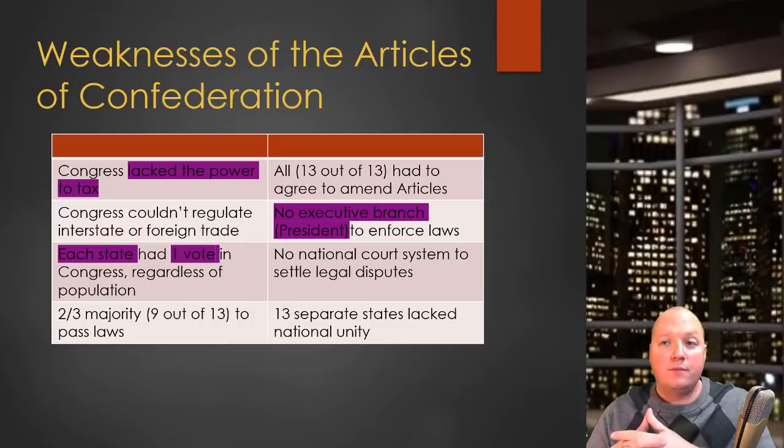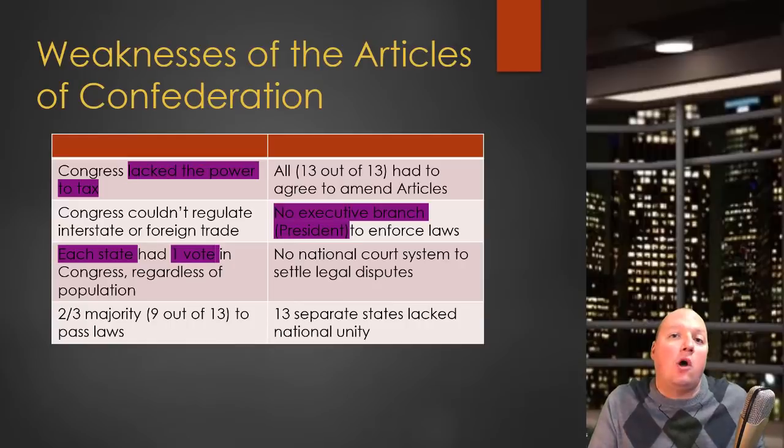There's no executive branch, which means there was no president of the United States under the Articles of Confederation. So the job of the president is to enforce laws. Congress makes laws, and then it's the executive branch that enforces them, right? So for example, taxes. Congress comes up with our tax code. They decide how much money you and I pay in taxes. That's the legislative branch. They make the laws.